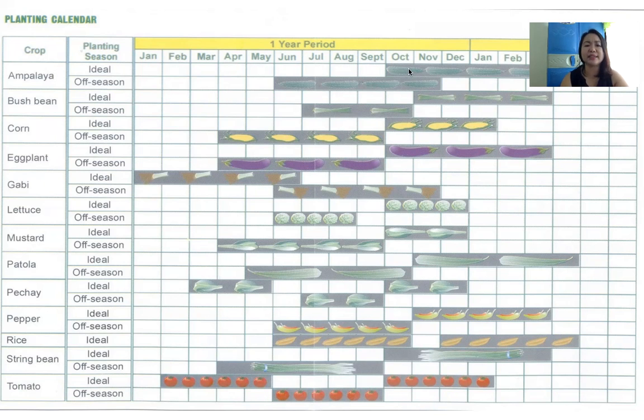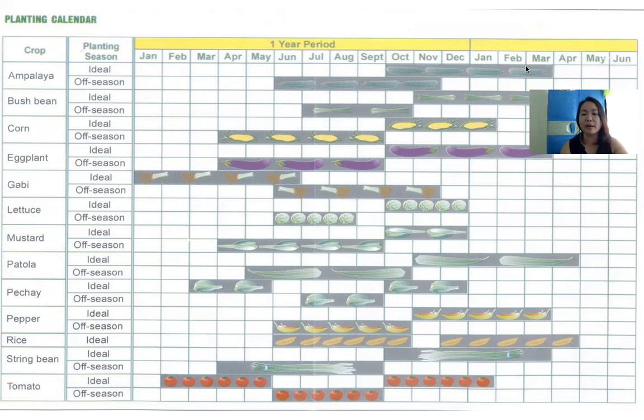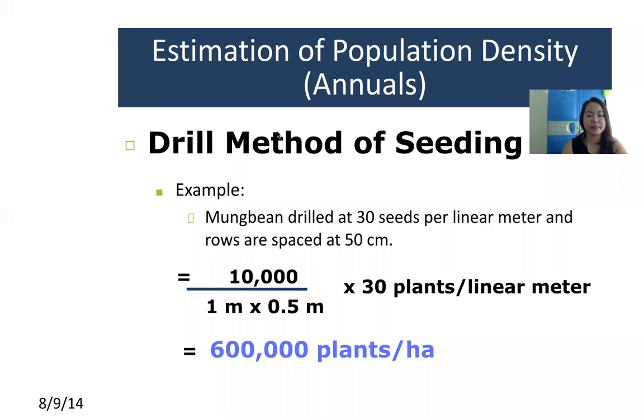The ideal season for ampalaya starts from October to March, and off-season is June to November. For bush bean, also from November to March, and off-season from July to October. Same with corn, from April to September off-season, and ideal on October to January.